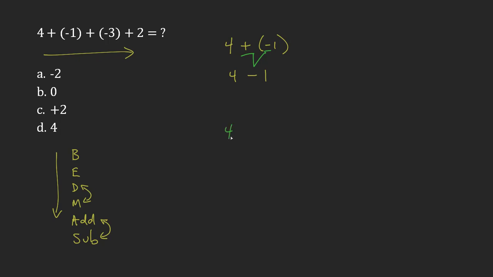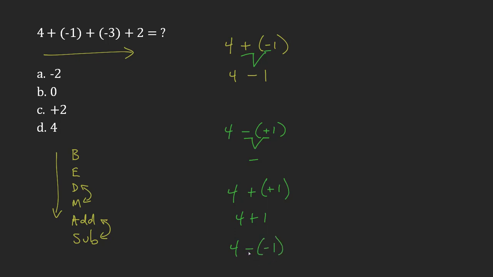The same would be true if I had 4 minus plus 1. These don't match. This one is different than this one, and so that would become a negative. It's only if I had 4 plus 1 that I would call this the same as 4 plus 1, or if I had 4 minus 1.